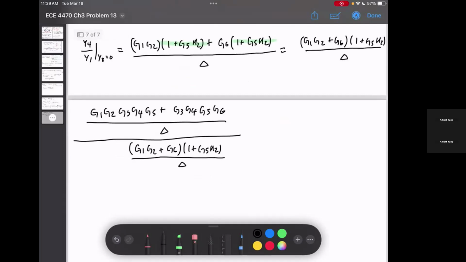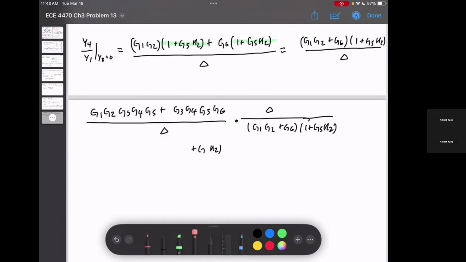If you do division by a fraction, then you can flip it. So this is the same as times the determinant over G1, G2 plus G6, 1 plus G5H2. And you can move this up. Then the determinants actually cancel.